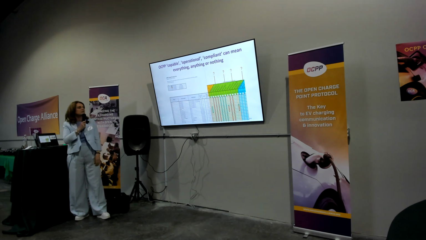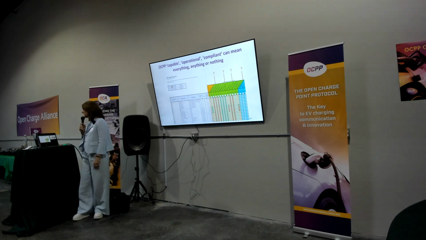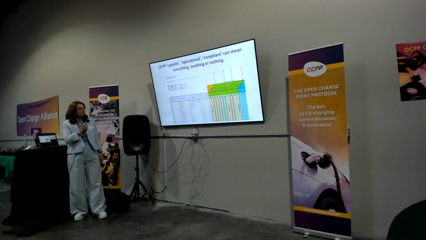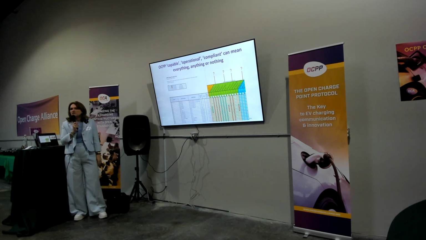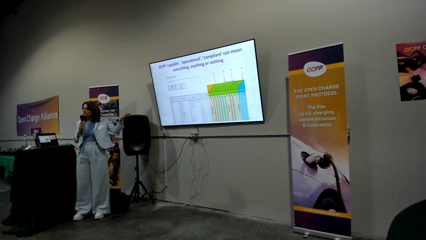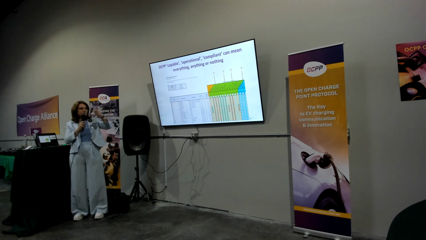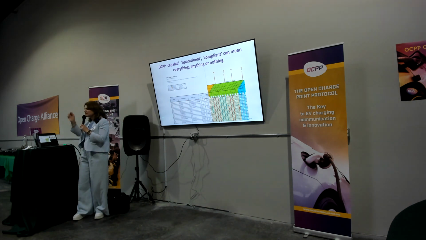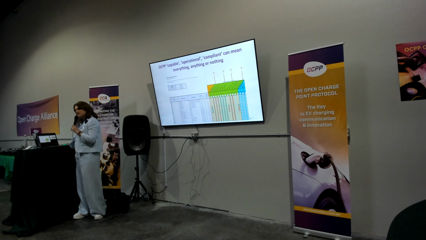I don't know, and you don't know. So I think that this is something that you can work with, or you can say, no, I want something more. I'm spending a lot of money on this charger, so I want to be more sure what the charger can actually do. And you've seen from the certificate that I showed from Core that there's a lot of details to check. It's not as simple as being compliant, yes or no.